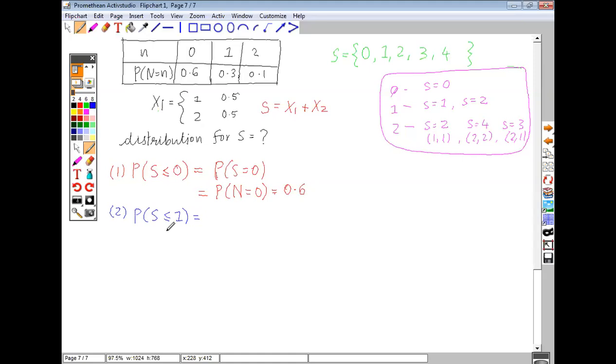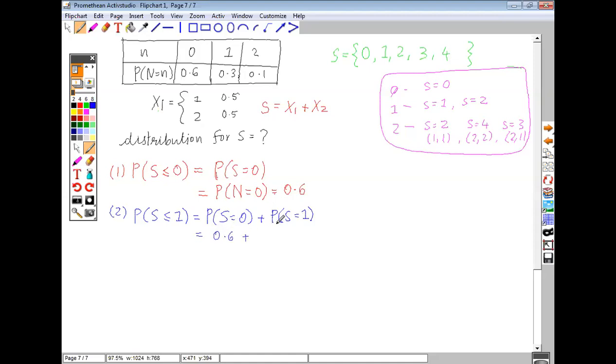Probability S equal to 0 plus probability S equal to 1. Who was that? Vanshika. Exactly correct. So this will be the probability that my S will be 0 plus the probability that my S will be 1. Very good. And then what can I do? I will just rewrite this as 0.6.